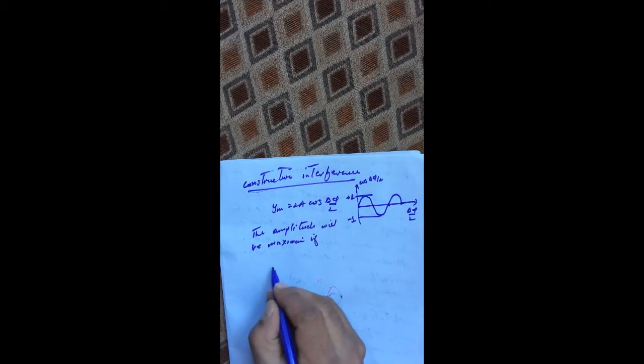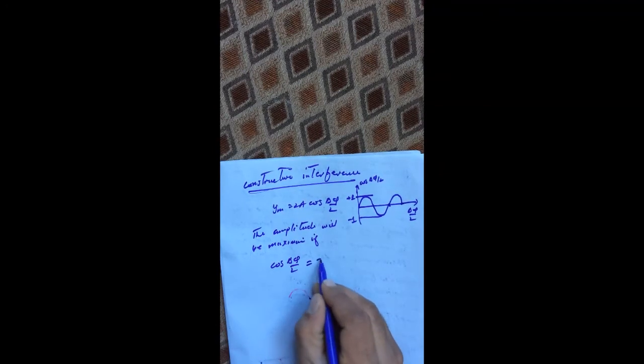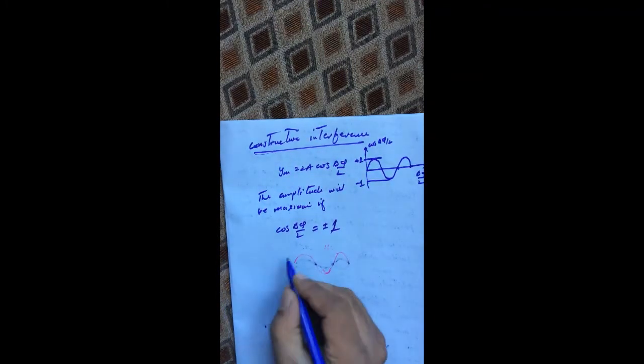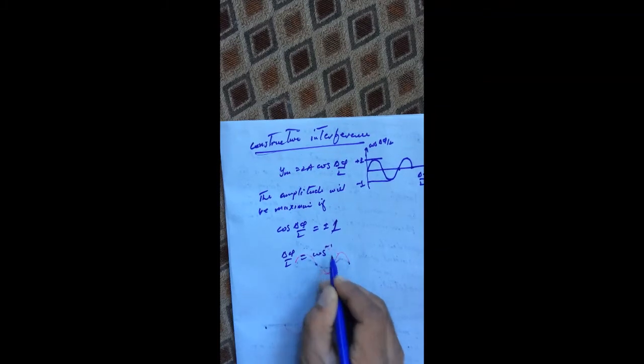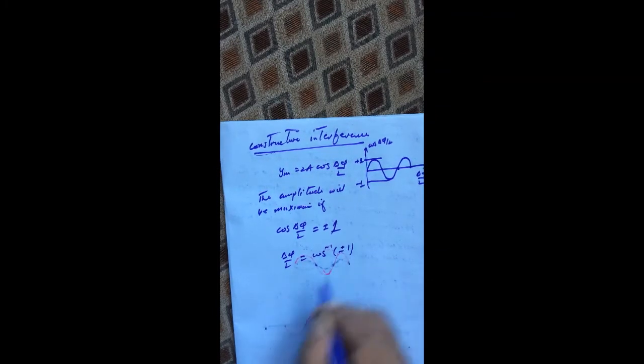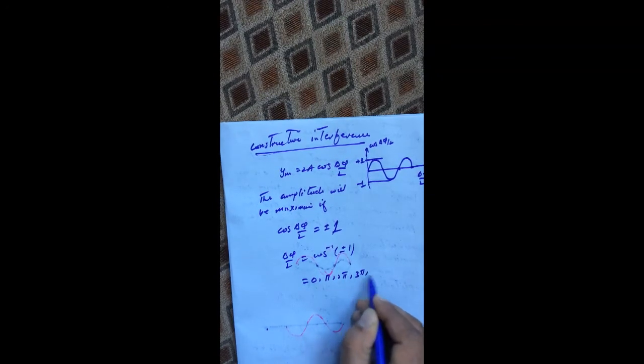If cos(Δφ/2) is equal to ±1, then Δφ/2 is equal to cos inverse of ±1. And from cos inverse of ±1 we get either 0, π, 2π, 3π and so on.